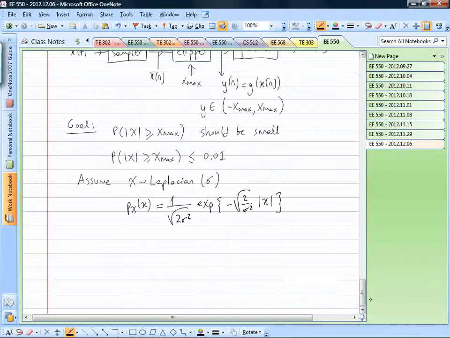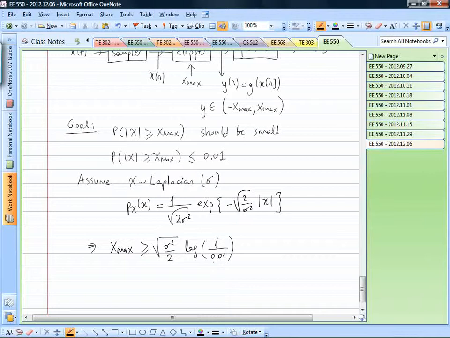By doing a lot of math, you obtain an x max value that is greater than or equal to sigma squared over 2 log of 1 divided by 0.01. So once you know sigma, the variance, remember, you can obtain this x max value like that.